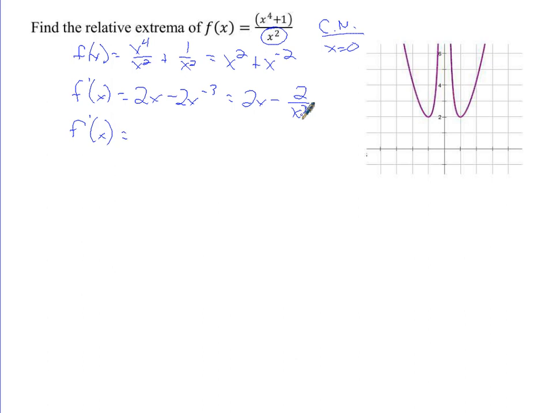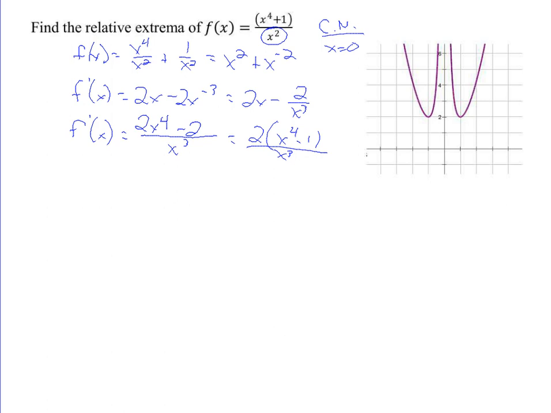Common denominator obviously is going to be x to the third. So that will turn that into 2x to the fourth minus 2 over x to the third. Do you agree? Okay. So I have a GCF here of 2. So I'm going to make this 2 times x to the fourth minus 1 over x to the third.